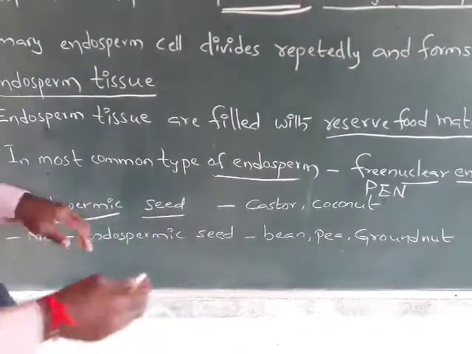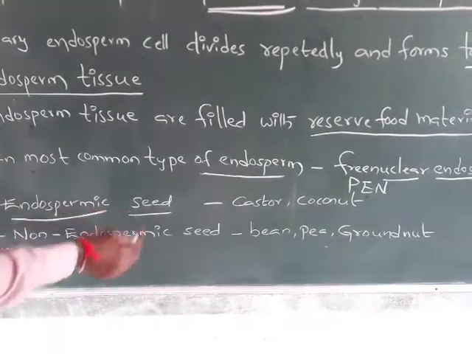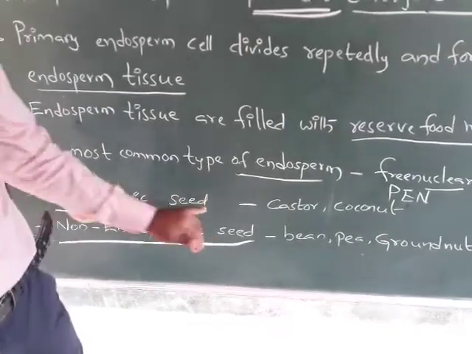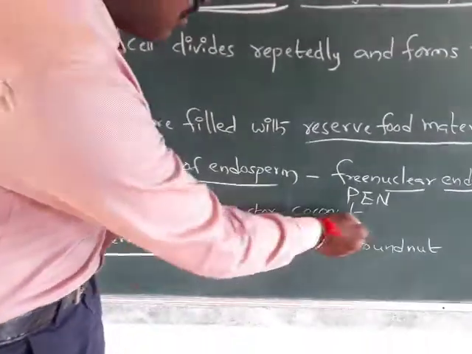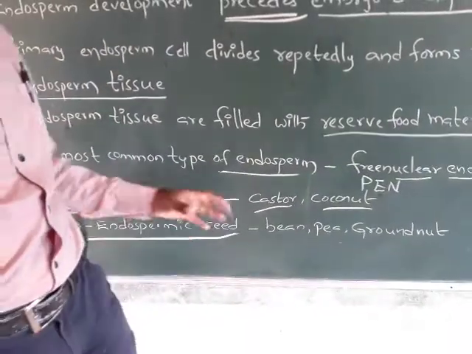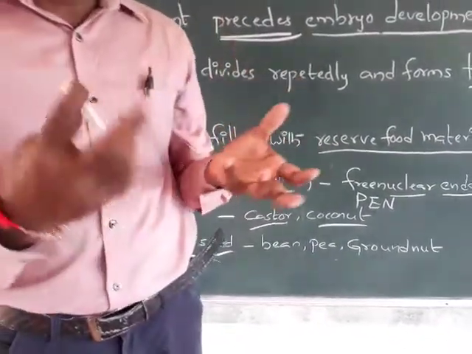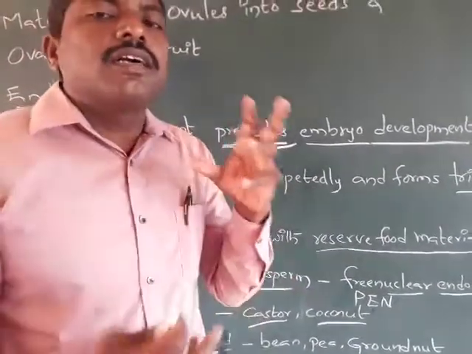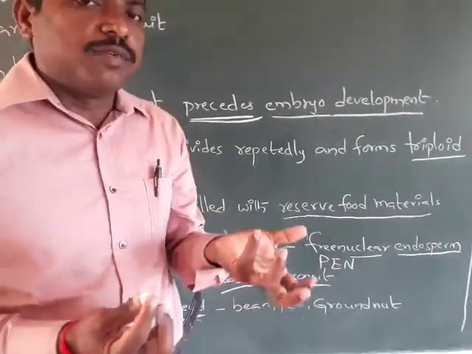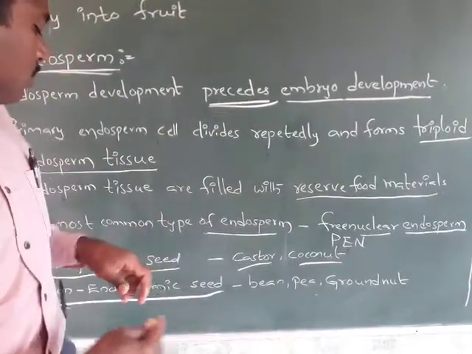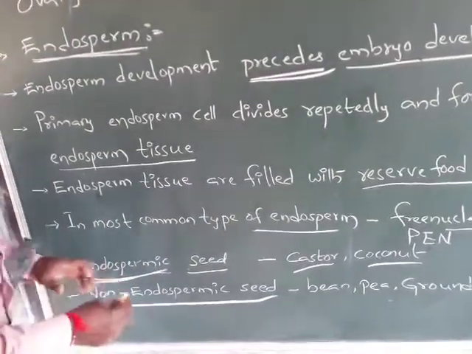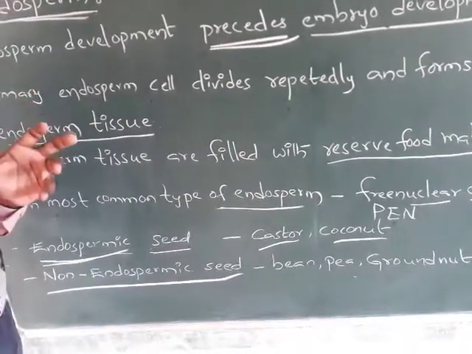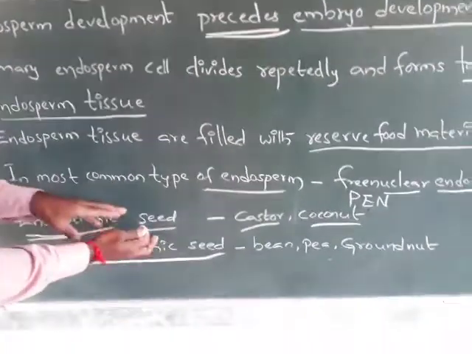In some species the seeds are endospermic, and some are non-endospermic. Some species have endospermic seeds, like castor and coconut. Here the developing embryo cannot completely consume the endosperm, so the endosperm is present in these seeds.